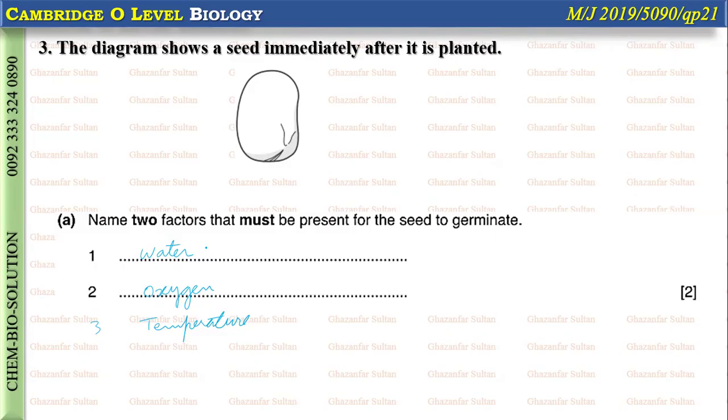So why is water needed? Although this is not required in the question, I am explaining it for revision of the topic. Water is needed to activate the enzymes because all the metabolic reactions occur in solution, in a water medium.